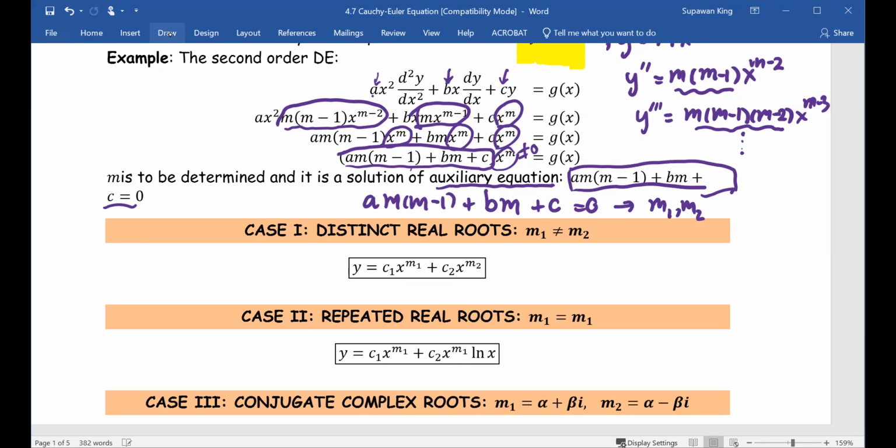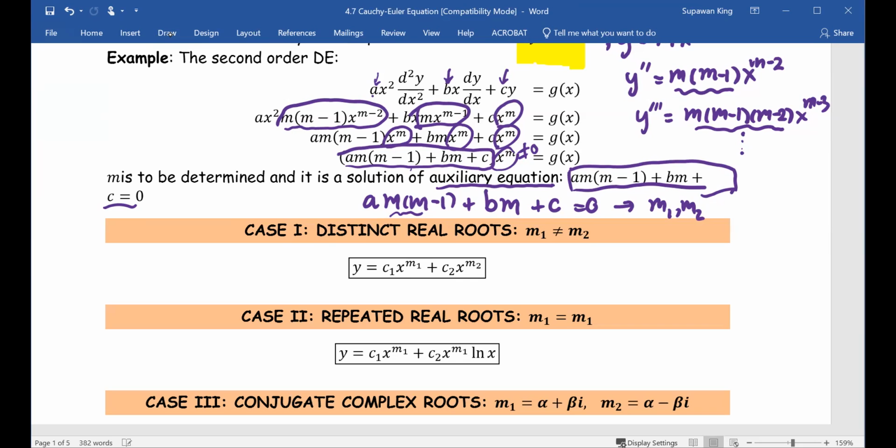Again, this is a degree 2 equation, a quadratic equation, so you can use the quadratic formula to solve for m1 and m2. The solution will fall into one of three cases, similar to the way we did in 4.3 for the constant coefficient form.